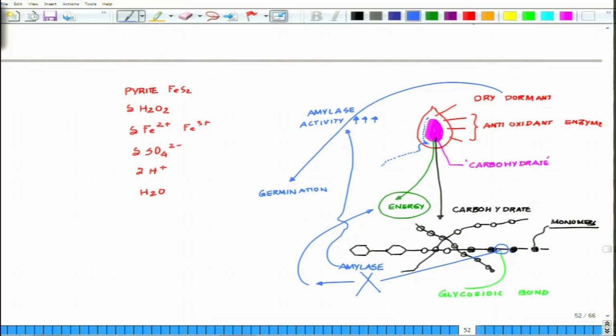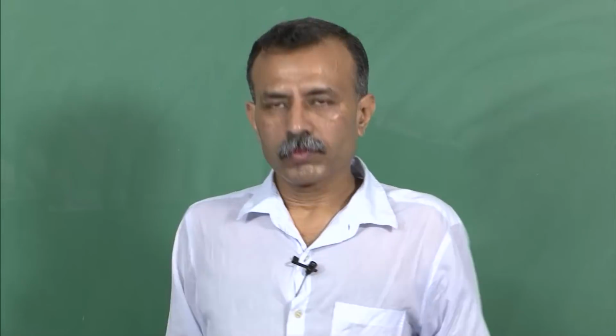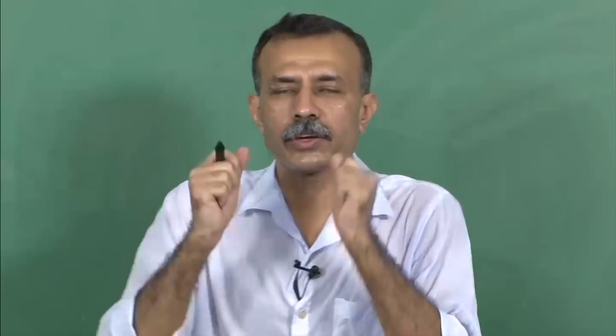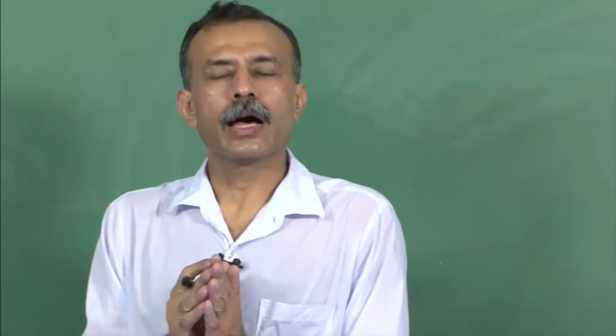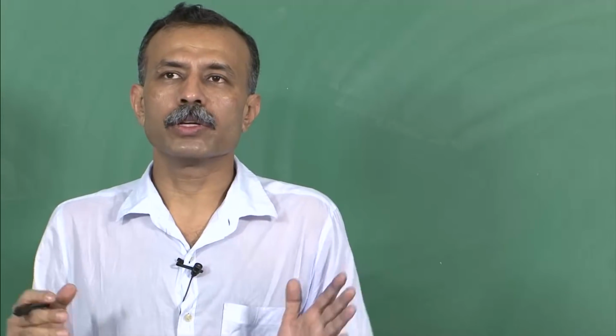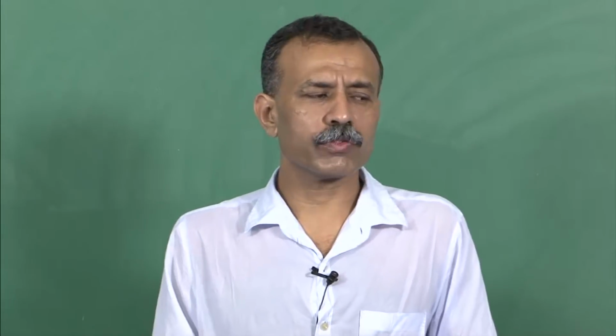Because of this, it leads to the breakdown of starch into small molecules like glucose. This is your Glucon-D almost. So basically, if you want to go for a 100-meter dash, you take Glucon-D and you run. This is precisely how a seed germinates in an environment which is extremely challenging for it to grow.